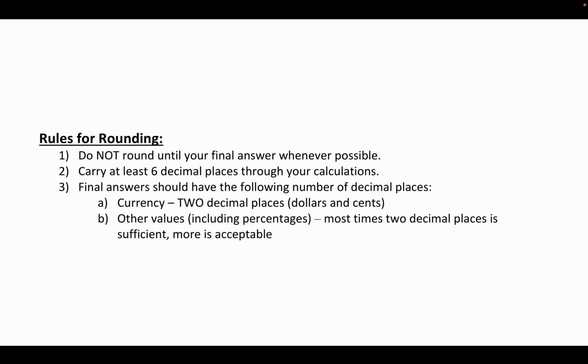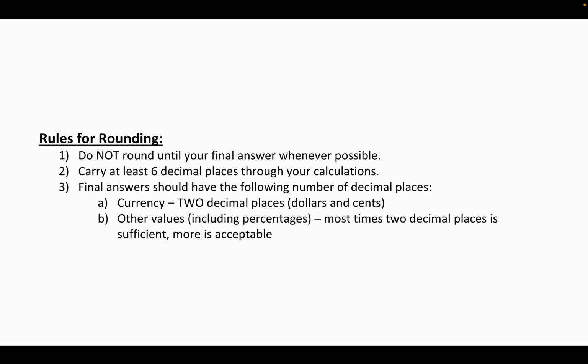If you are struggling to keep all of the decimal places, try to keep more than you need. So 6, often if we're ending up with 2, keeping 5 or 6 decimals throughout your calculations, if you do need to write down those intermediate steps, then that will help to keep your final answer as accurate as possible.